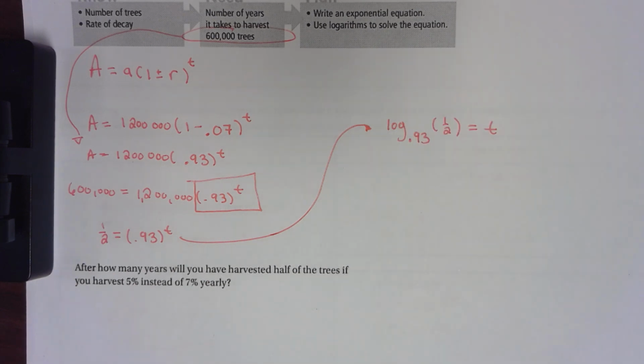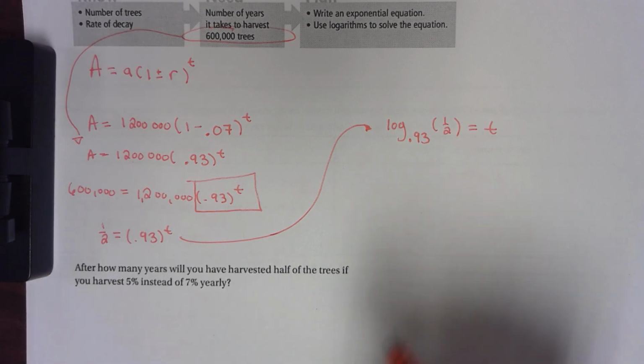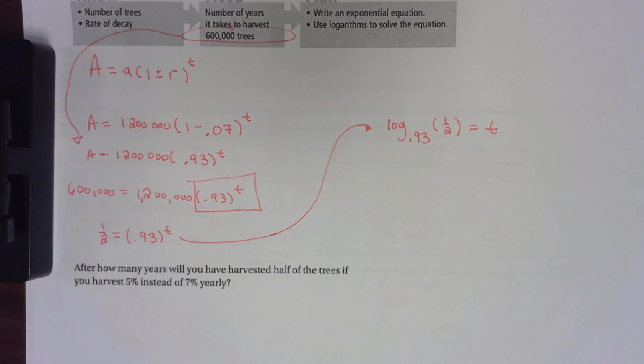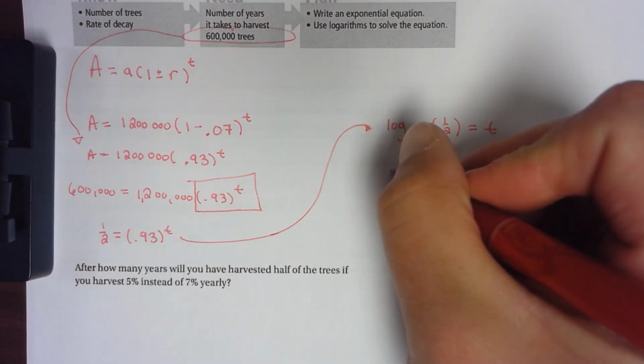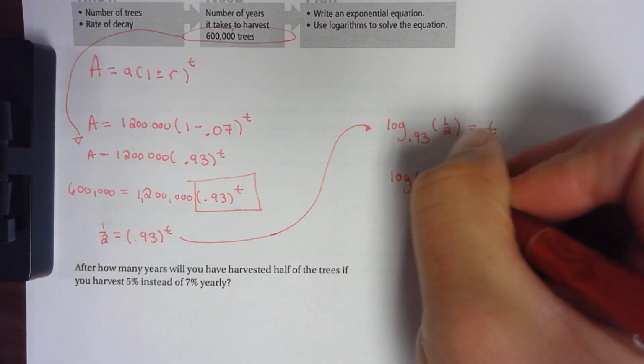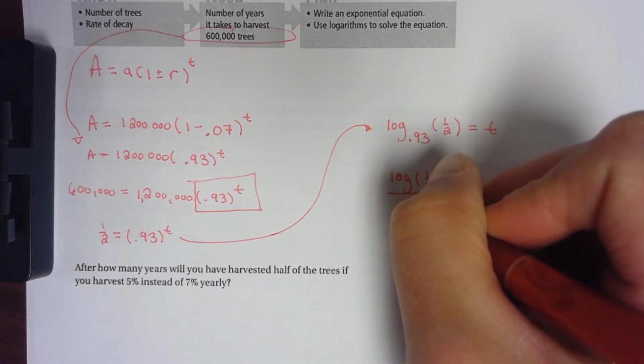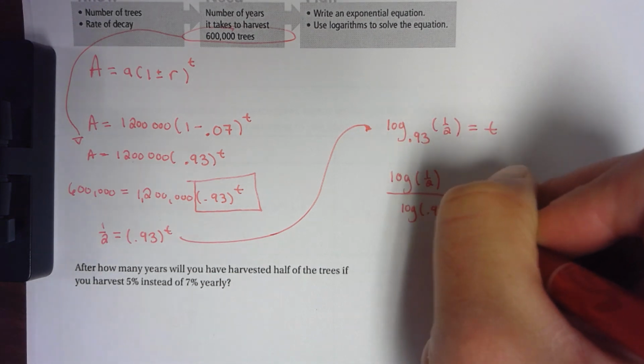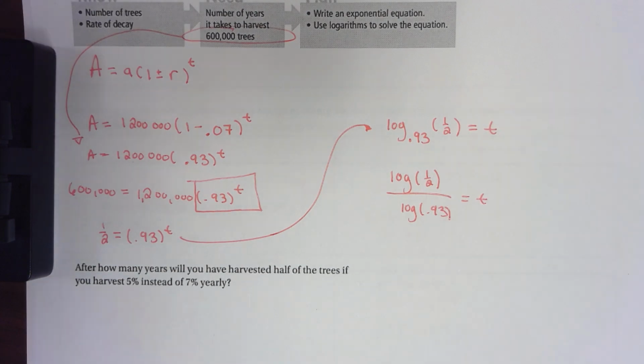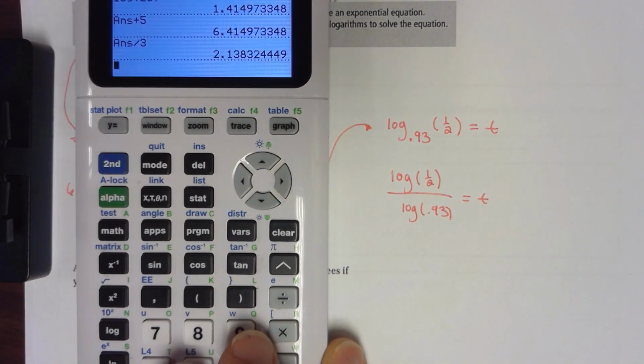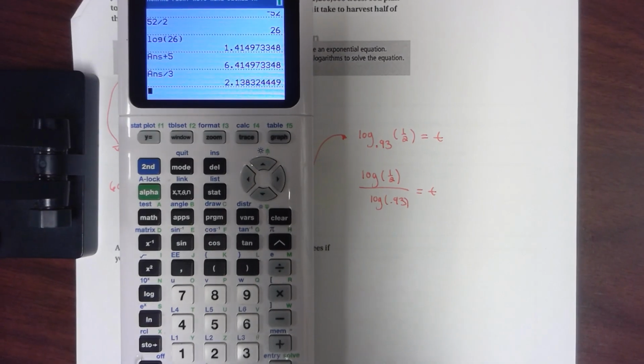Now to evaluate this, because we're trying to figure out how many years, we actually want a rounded answer here, so we're going to use the change of base formula. So log of 1/2 divided by log of 0.93 is going to tell us the time in years. And again, this is base 10. You could have also used natural log. It does not matter.